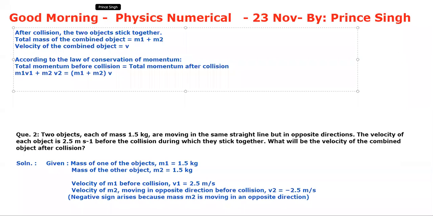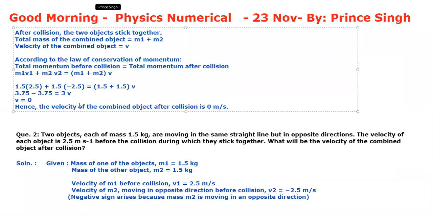Tanmay has got the correct answer. So the final answer is that the velocity of the combined object after collision is 0. Okay. So this is the correct answer.